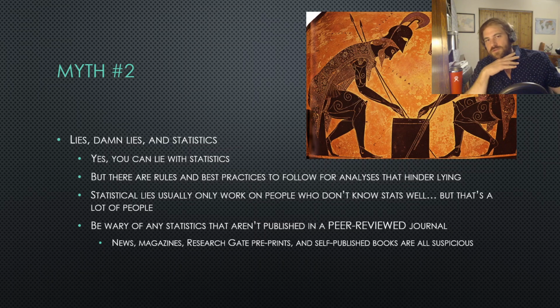You're not going to learn how to spot statistical lies in this class. You probably won't learn it in your statistics classes. It takes years of knowing data to spot these shifty things that people do with data, but you can spot them if you know how.